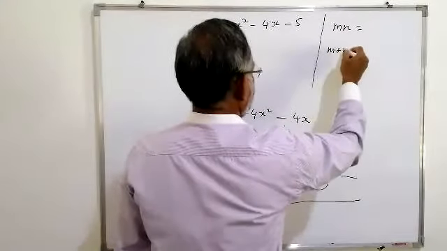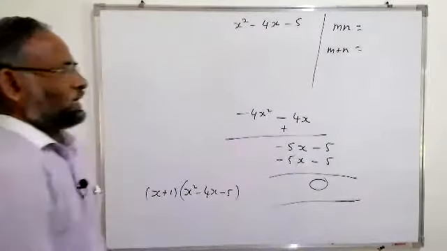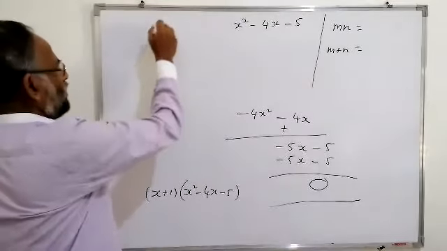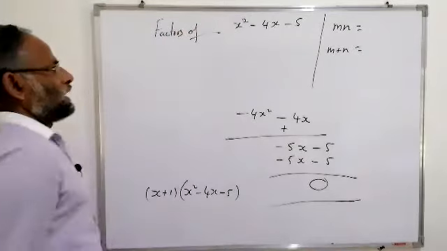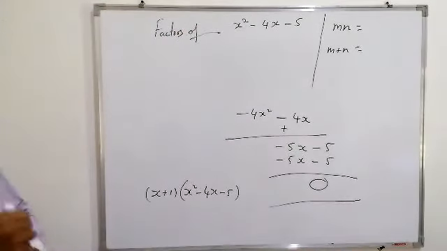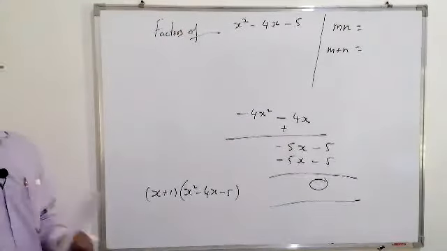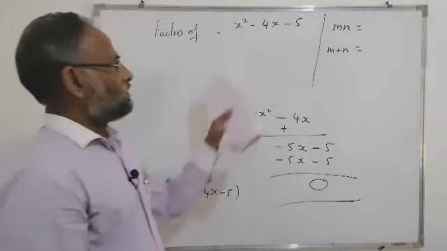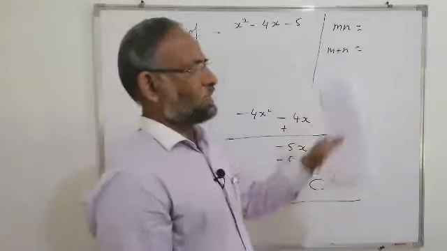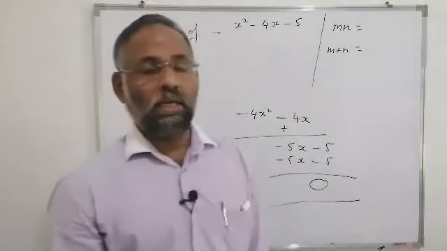What is the addition of the two numbers? Tell me what the multiplication is. Factors of x squared minus 4x minus 5. Tell me what are the factors of this one? Multiplication is how much?